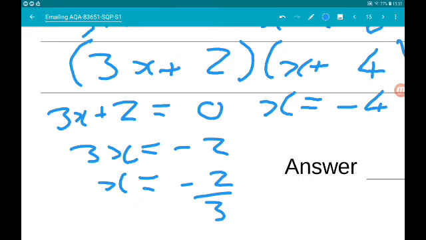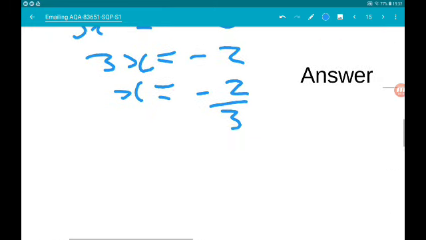We now need to find the y coordinate. So, remember the equation of our normal is y equals 1/3 x add 16 over 3.